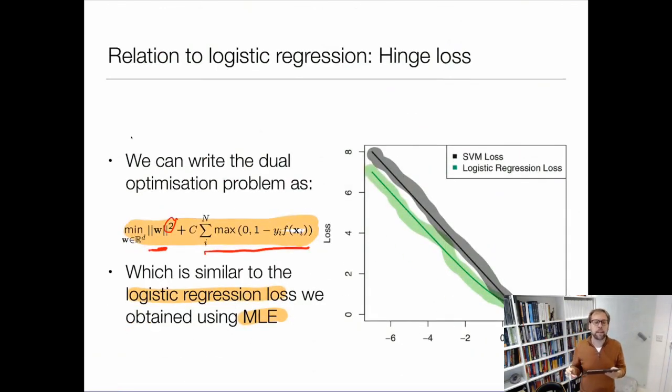But if I use length squared, then this term just looks like an L2 regularizer, and what used to be my constraint now became a loss function, which looks quite similar to the one in logistic regression, but the logistic regression one involves some logarithms, so it was nice and smooth, whereas this one has this maximum, which gives me a kink. And this loss is also sometimes called the hinge loss, which is quite important in some other areas like in neural networks. And that's all I wanted to say about support vector classifiers.